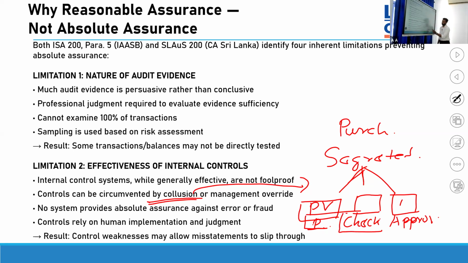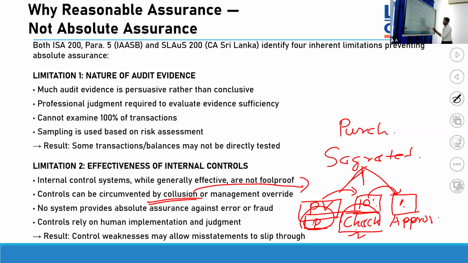Then a senior person should check whether those amounts are in line with the supporting documents or not. Once he signs, then that payment voucher must be forwarded to the authorized person who approves this payment. Okay, these are the controls.